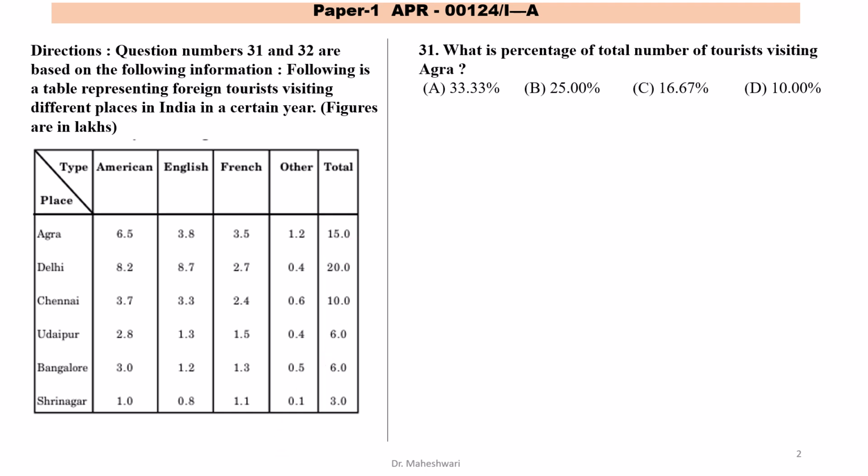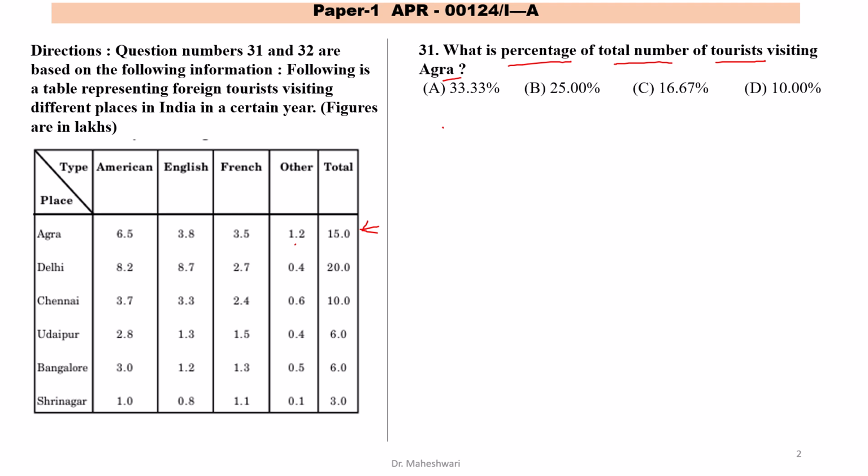First of all, we will find the total of all the visitors, because we have to find the percentage. The number of visitors visiting Agra is 15 lakhs.